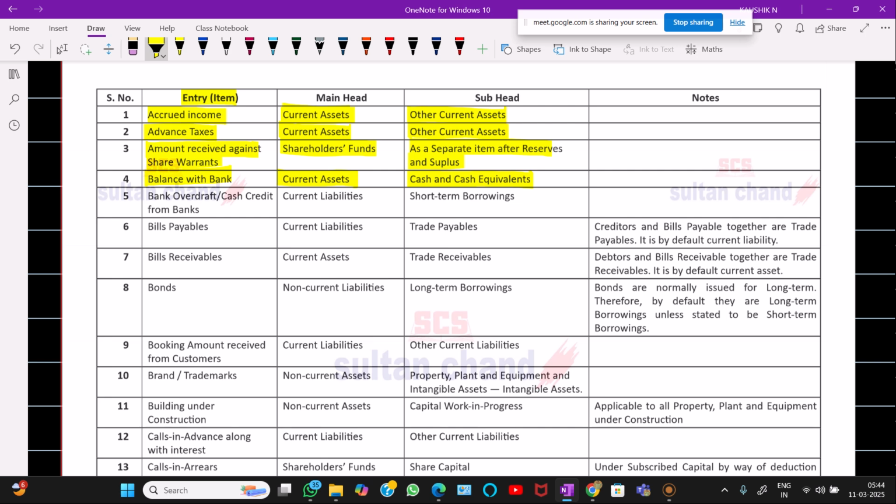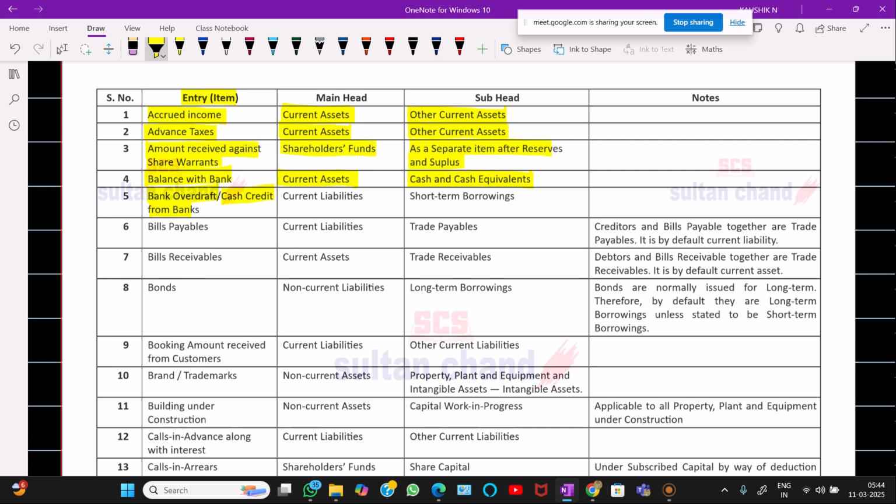Okay, coming to the next item called bank overdraft, which is otherwise given as cash credit from the banks. Now tell me, what is bank overdraft? Bank overdraft is basically a short-term finance, so that means it is a borrowing.